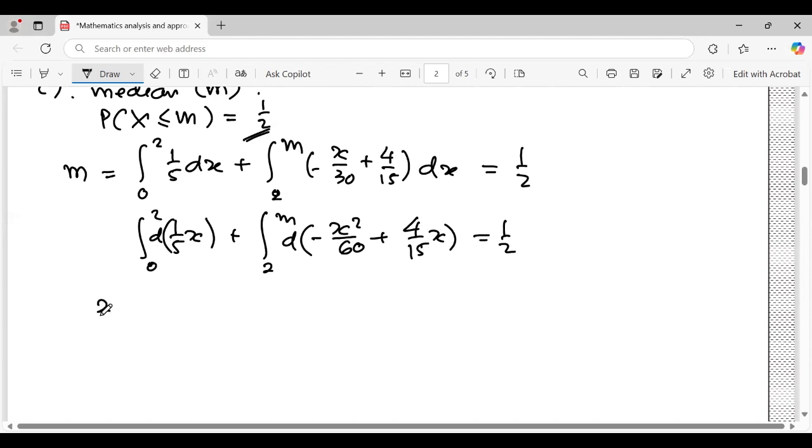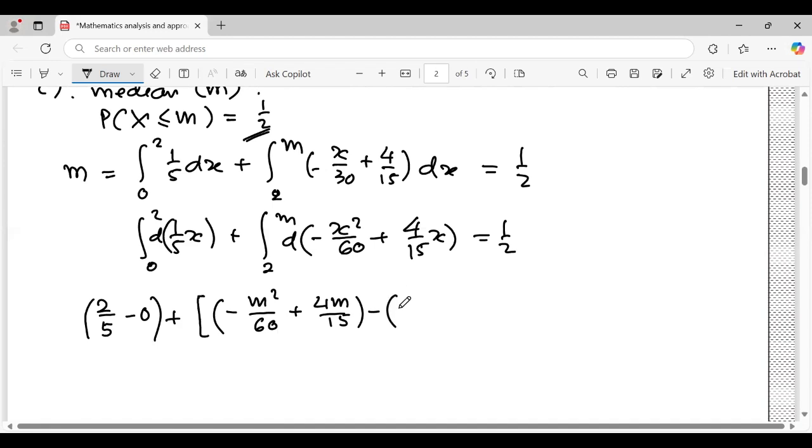The first part is 2/5, because we substitute 2 into x, minus 0, plus minus m squared over 60 plus 4m over 15, minus 4 over 60 plus 8 over 15, equals 1/2.